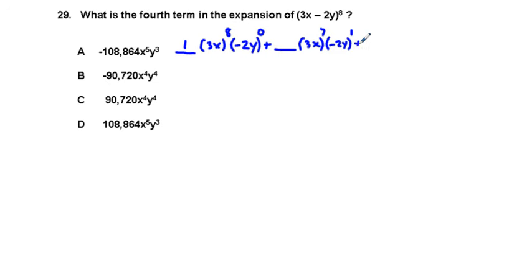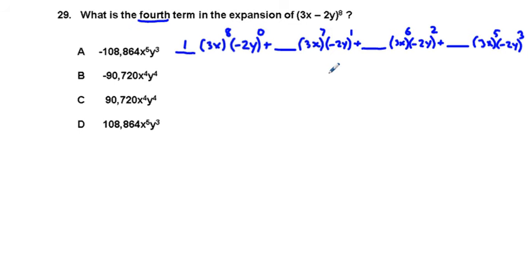And then our third term is going to be some coefficient times 3x to the power of 6, and then this negative 2y squared. And our fourth term, which is the one we're trying to find, we're going to have 3x to the 5th and this negative 2y to the 3rd power.